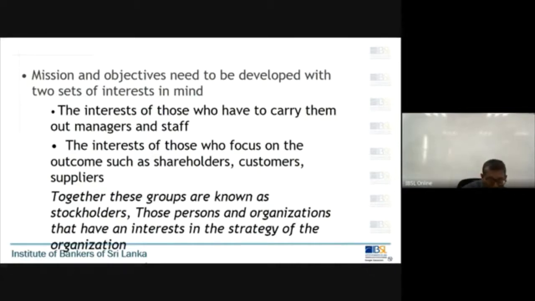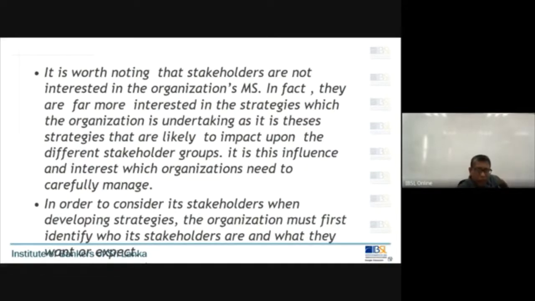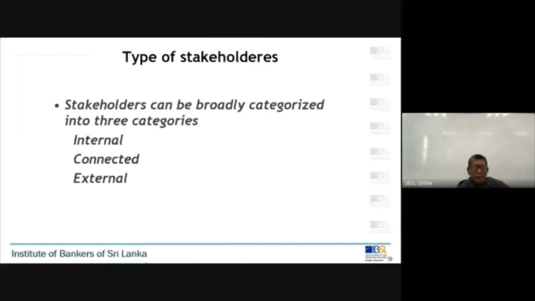Some are internal customers, some are external customers, and some are in between. There are some customers called internal customers, and some connected stakeholders. Those are shareholders, right?